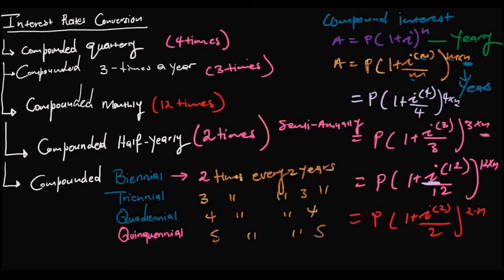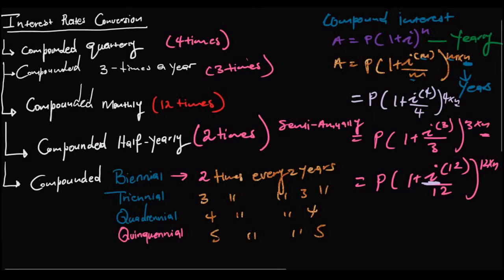So you can have other compoundings, they will just be the same. So I'm going to do biennial as well as quinquennial; it's just the same for triennial as well as for quadrennial.